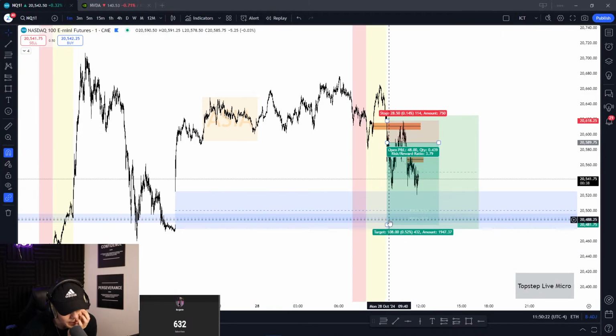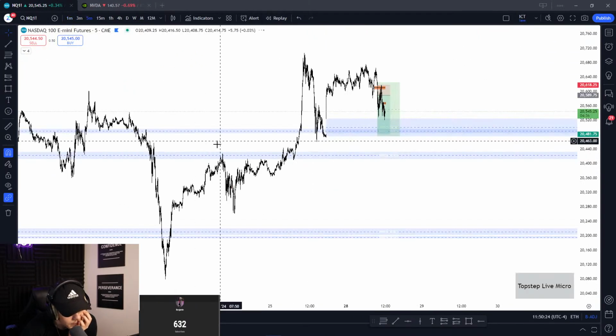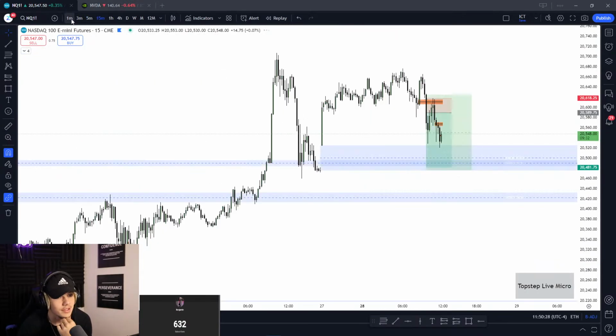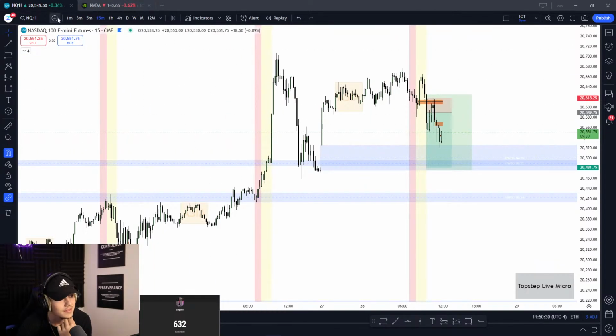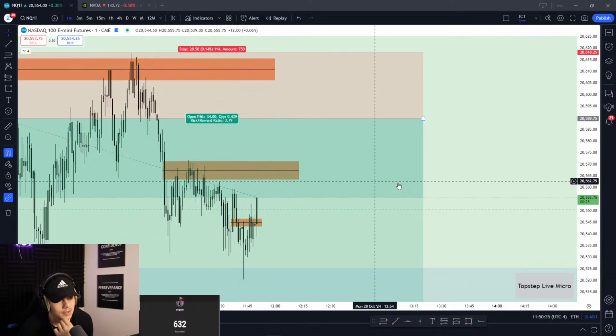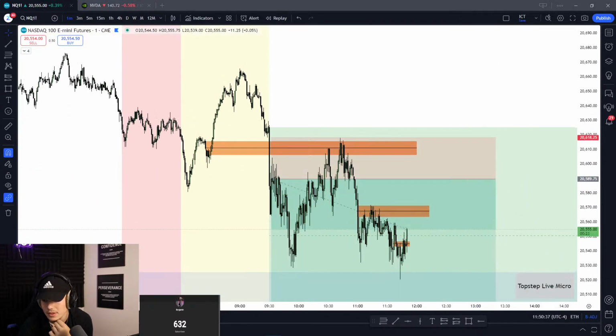It doesn't look like it wants to go down there yet. Price looks like it wants to reverse higher. Could get stopped out at profit here. So I kind of want to close the trade prematurely, just take a little bit of profits.